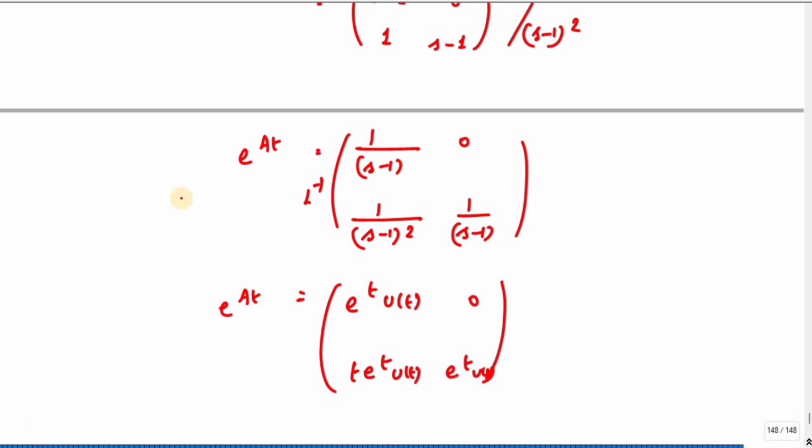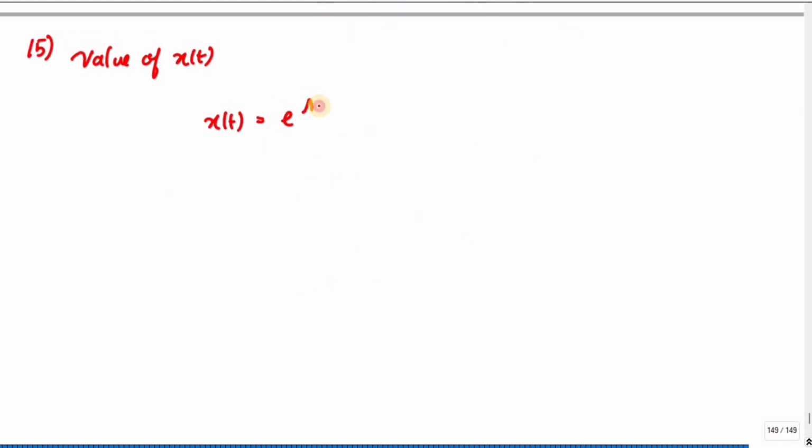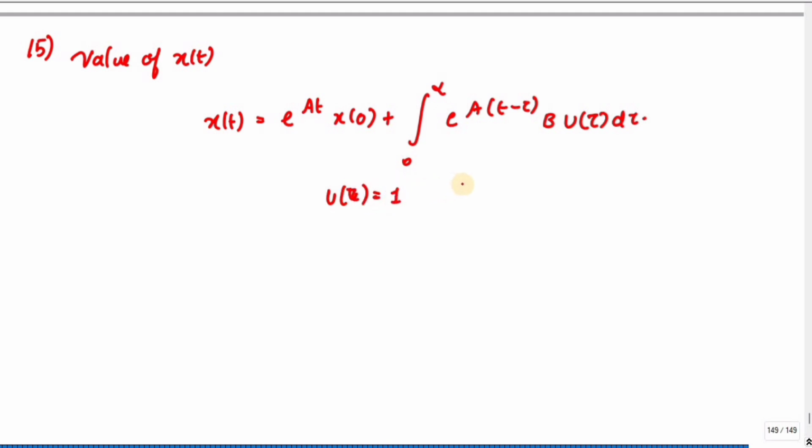So how to find the value of x of t? x of t is equal to e power At times x of 0 plus integral from 0 to t of e power A(t minus tau) B u of tau d tau. Okay, so that is the formula.